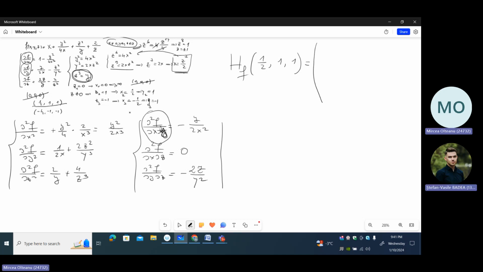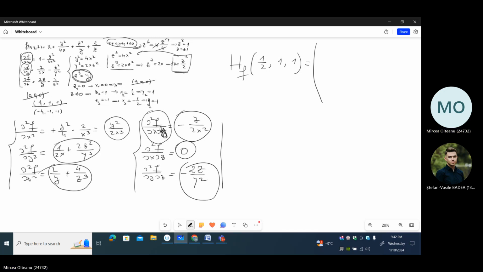Okay, so we put x equals 1 over 2, and so on. This is what we have on the main diagonal, and this is what we have on the other positions. Here we get 1 over 2 times 1 over 8. That means 4.